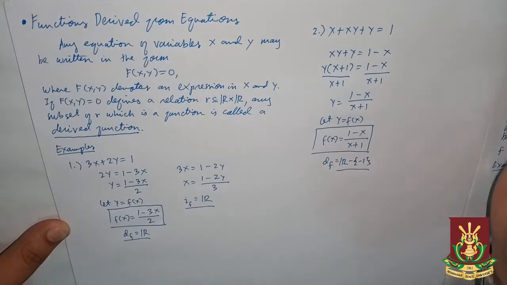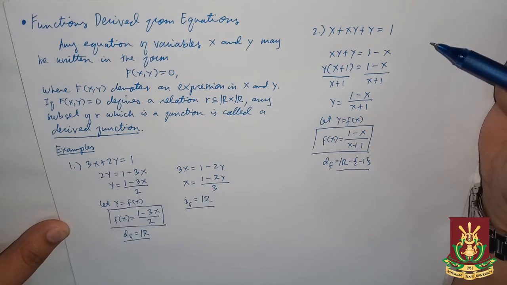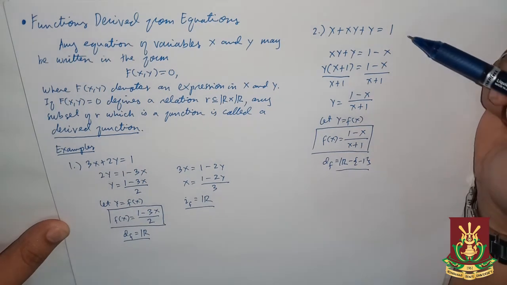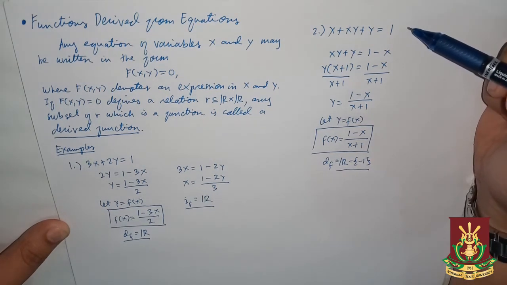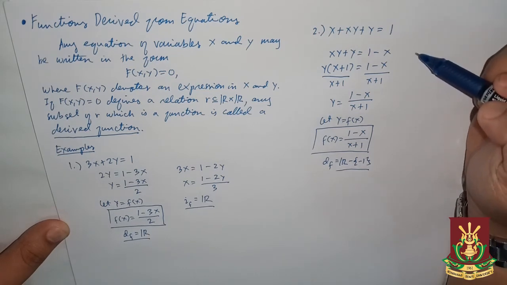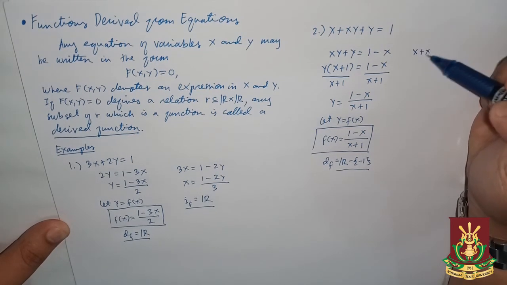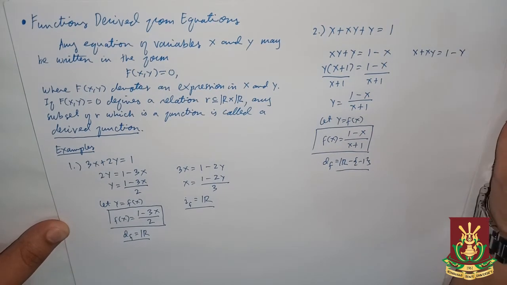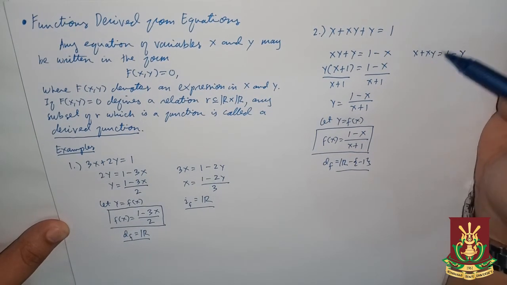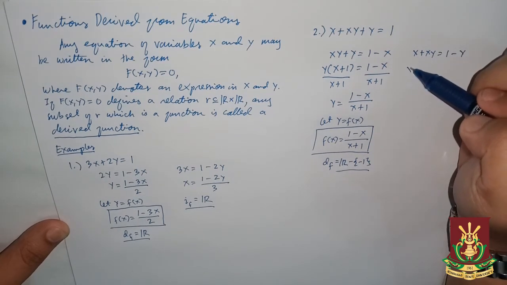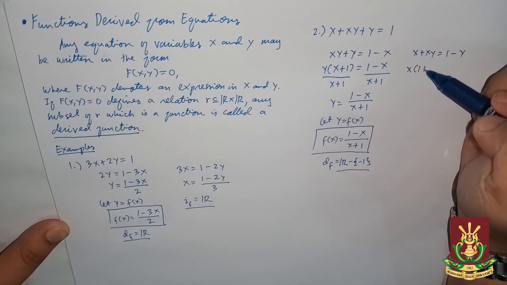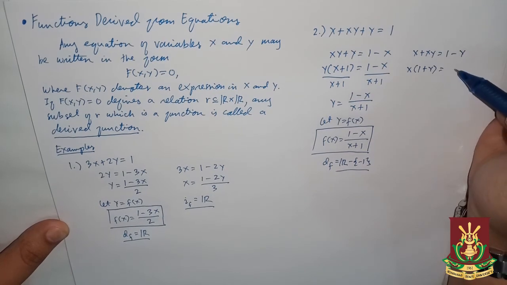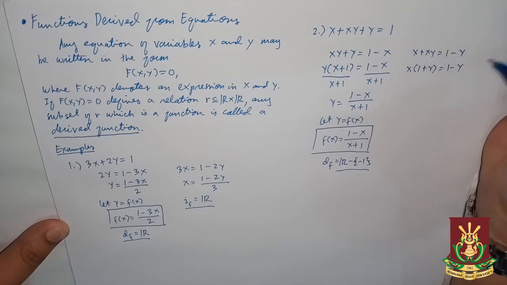To solve for the image, we will now solve for x in terms of y from the original equation. Notice that we can have x plus xy equals 1 minus y. Factoring x in the left-hand side would give us x times the quantity 1 plus y, which is equal to 1 minus y.